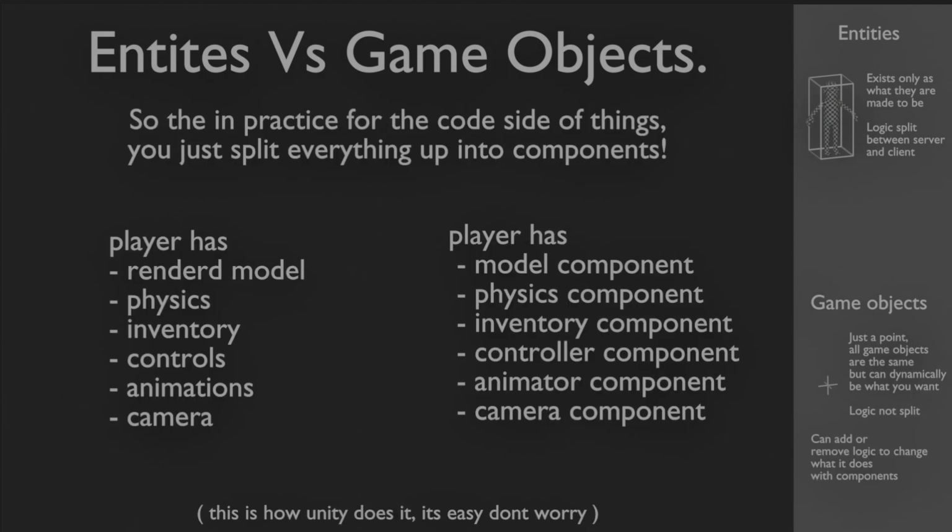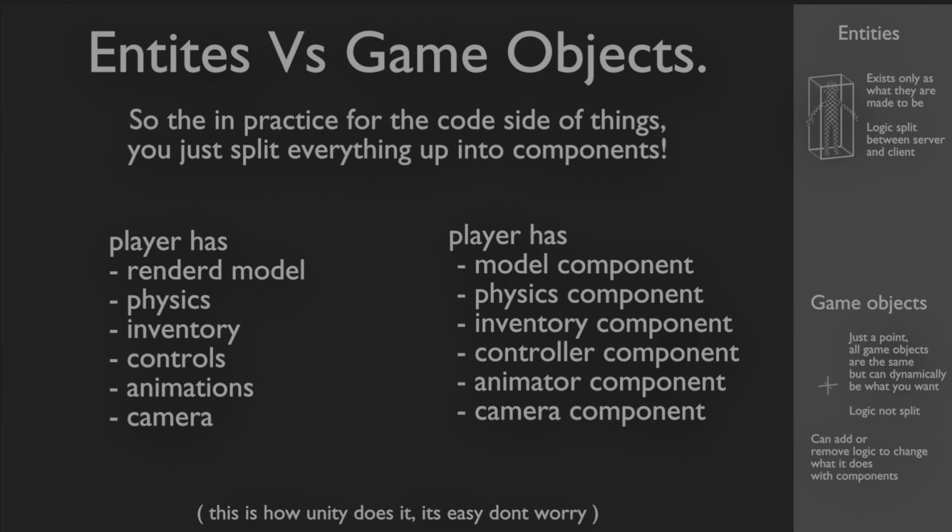On the code side of things, a nice way of thinking about the change is that on the left, all these things going on within the player are within the entity, all in one big file. The main way of shifting over to game objects is thinking about the individual things going on and splitting them out into components. So an inventory component rather than inventory in the player, a controller component rather than a controller for the player, an animator component rather than an animator for the player, and so on.